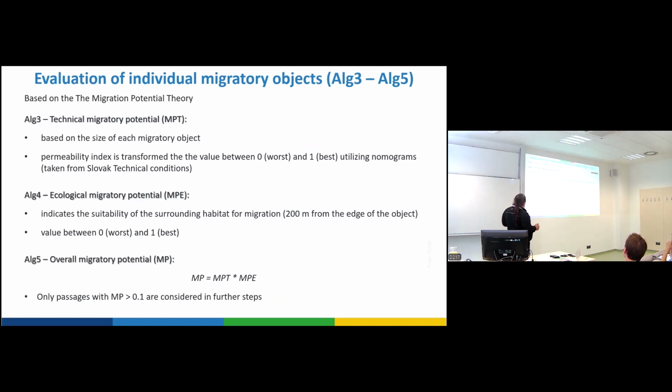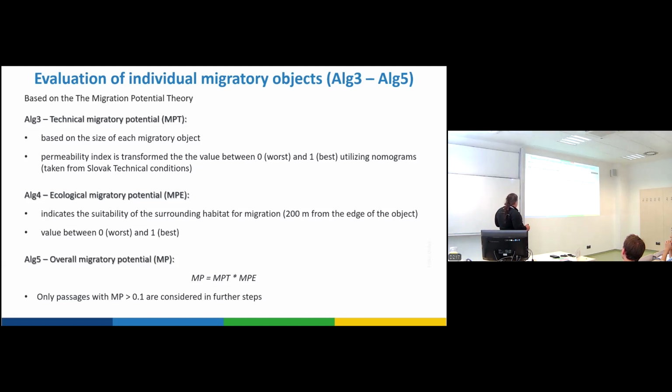Then you can convert it with some nomograms to a value between 0 and 1. 1 is best, 0 is the worst. And this is the evaluation of each migration object on roads.